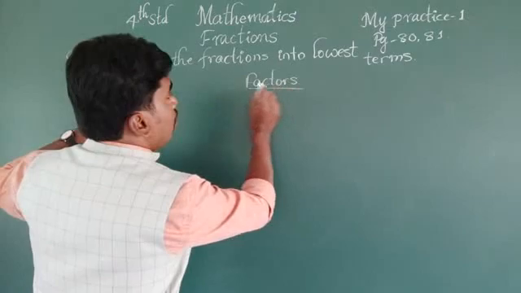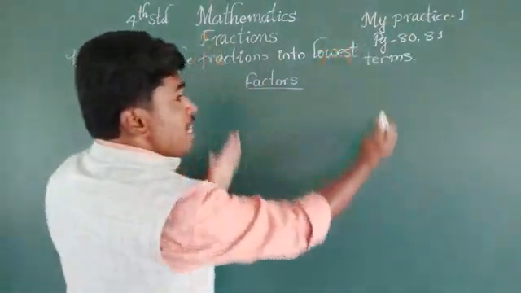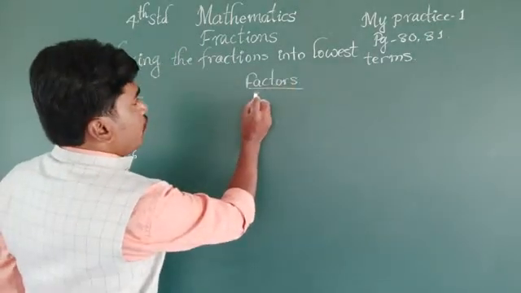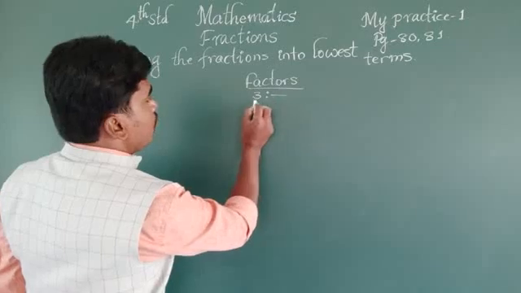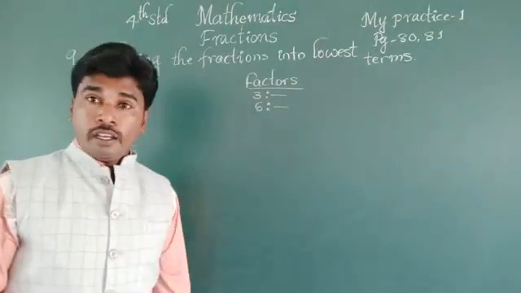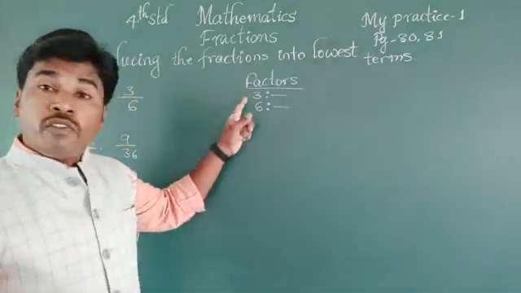You need to write the factors in the right column of your notebook. What are the factors of 3? What are the factors of 6? That means which numbers divide 3 and 6 exactly?